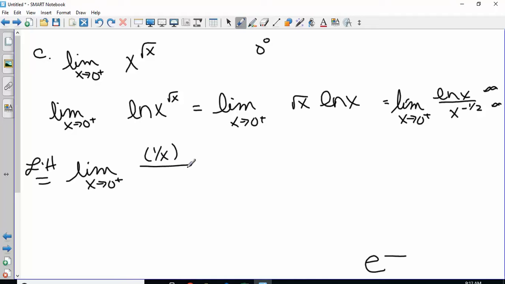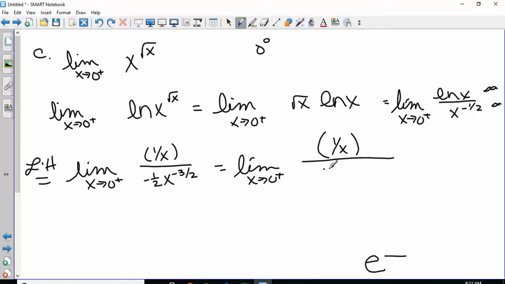So the derivative of the natural log is 1 over x. Derivative of x to the negative 1/2 will be negative 1/2 x to the negative 3/2. So if you're trying to simplify this, we can flip and multiply.